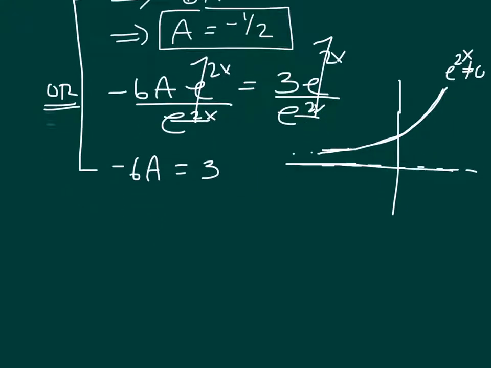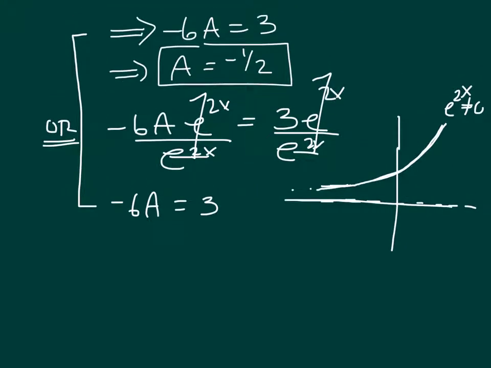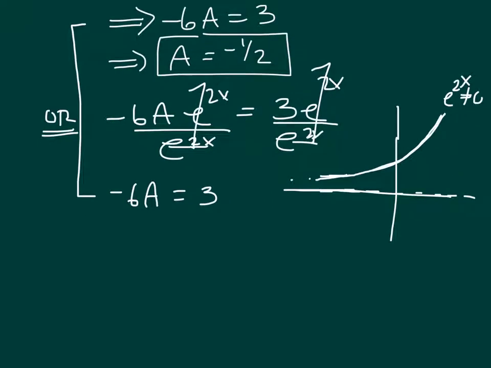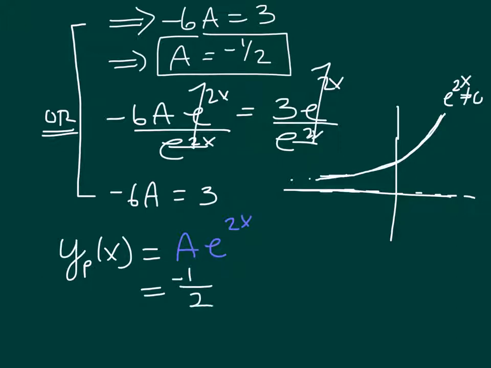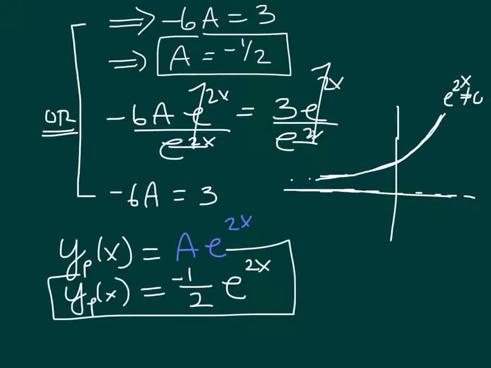So that's another way of thinking about it, but we got our a, which is -1/2. Now we can write our y sub p of x. What did we call our y sub p of x? It was a e to the 2x. And we found our a, which is -1/2, so y sub p of x is equal to -1/2 e to the 2x.